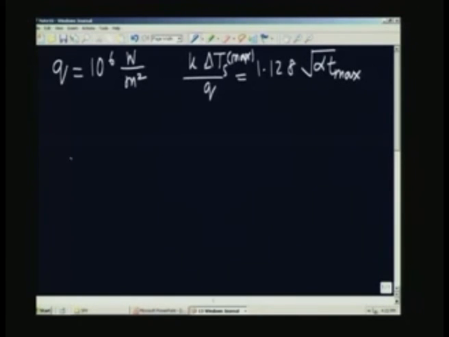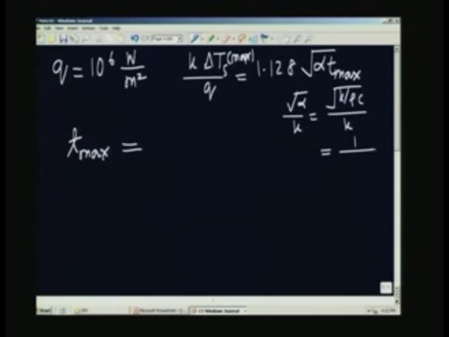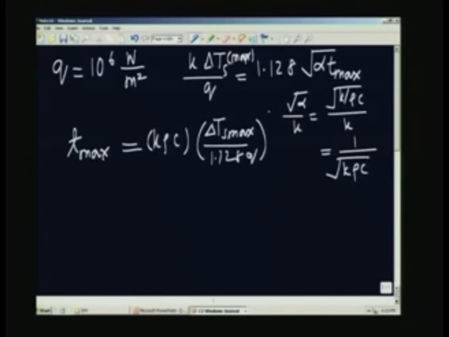So, I can write t max. You have the square root of alpha by K, which is nothing but square root of alpha is square root of K by rho C, where rho is the density here, divided by K. This is nothing but 1 over square root of K rho C. That is the reason why in the table we gave the product of these three quantities. So, t max is equal to K rho C multiplied by delta T s max divided by 1.128 Q, whole squared.